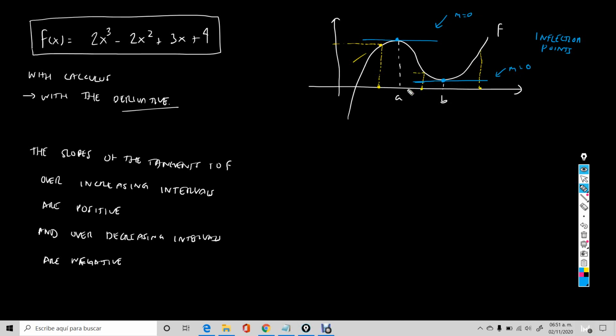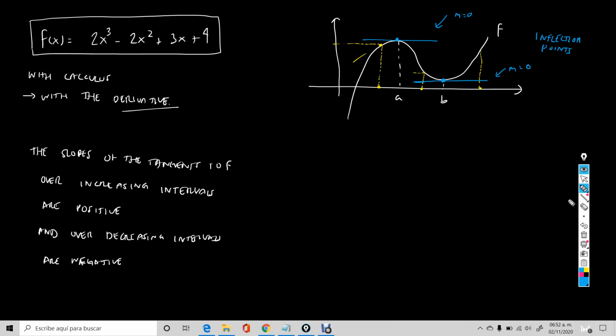In both of them. So basically, we can see that the changes in the direction of the function, whether from increasing to decreasing or from decreasing to increasing, happen always at these inflection points, which always have slopes of 0 to their tangents.